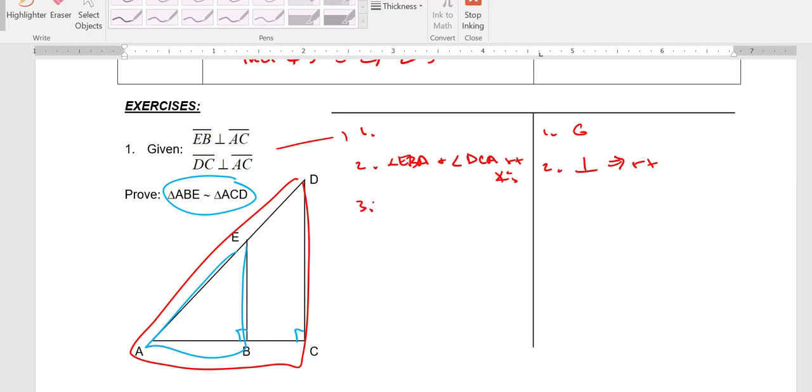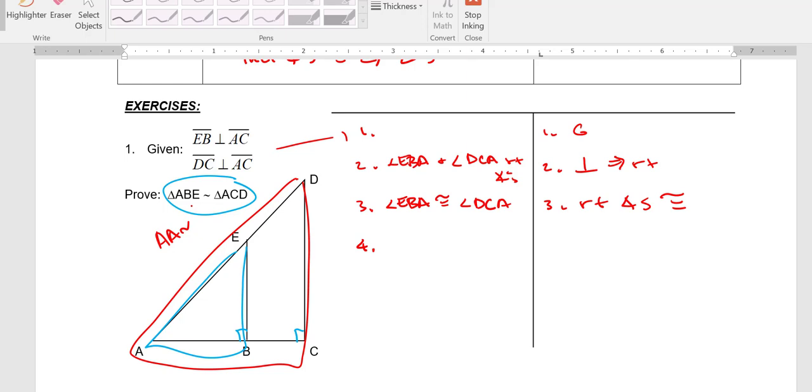And then you can say that the right angles are congruent to each other because you need to have two sets of angles that are congruent to each other. And you need a second set of angles that are congruent, right? In order to do AA similarity, which is the majority of the proofs.